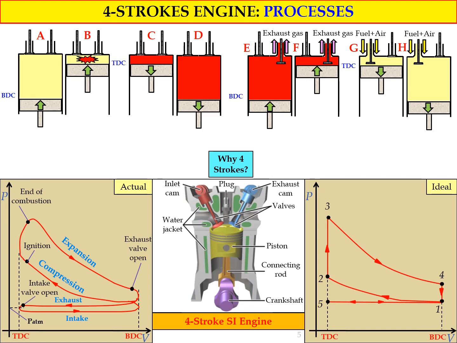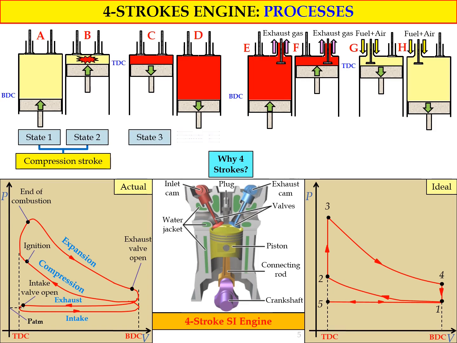Now, because we want to know why we call this engine a 4-stroke, try to relate the states in the PV diagram with the schematic diagram, from figure A to figure H. Figure A represents state number 1 in the ideal PV diagram, and figure B represents state number 2, and the process from state number 1 to state number 2 we call the compression stroke. The process involves 1 stroke, and also involves the compression process, so we call it the compression stroke.